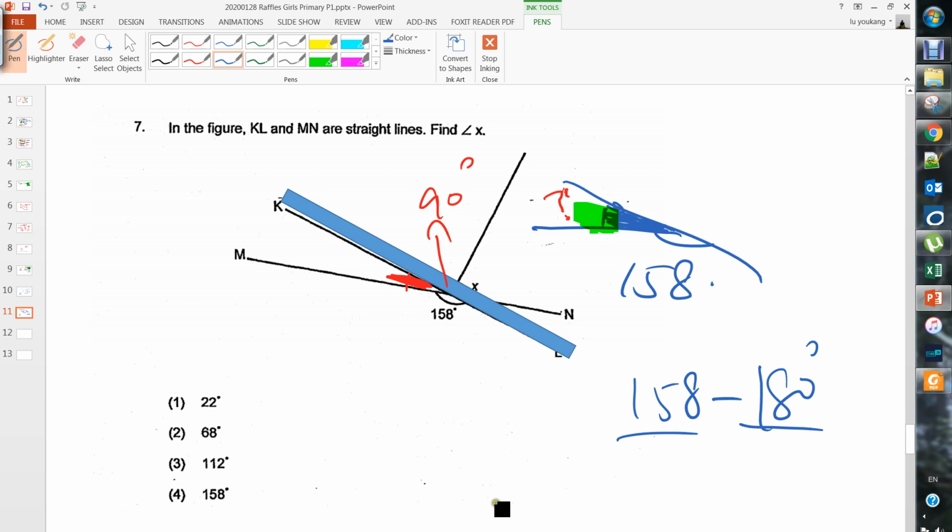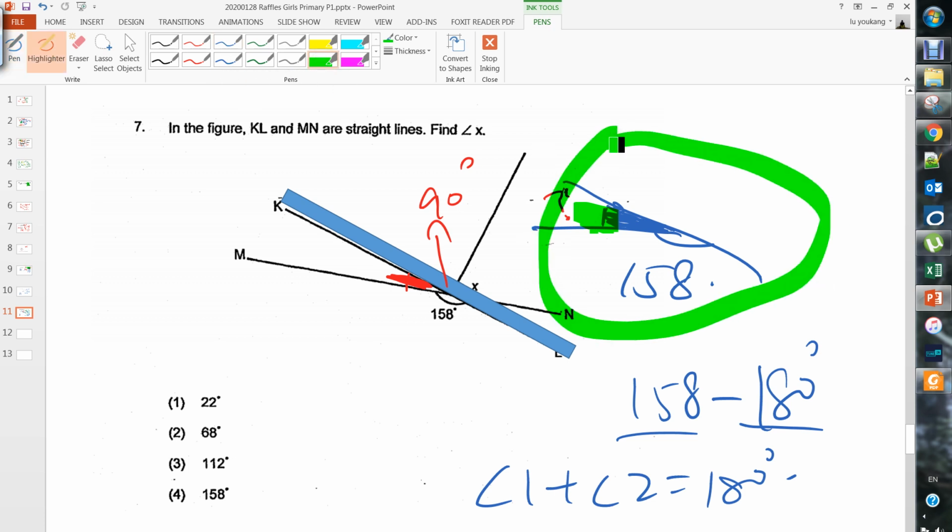Just now you say the formula is what? Angle 1 plus angle 2 equals to 180, right? So according to this, which one is angle 1, which one is angle 2? Angle 1 is the question mark. Good. Then which one is angle 2? The 158. Okay.